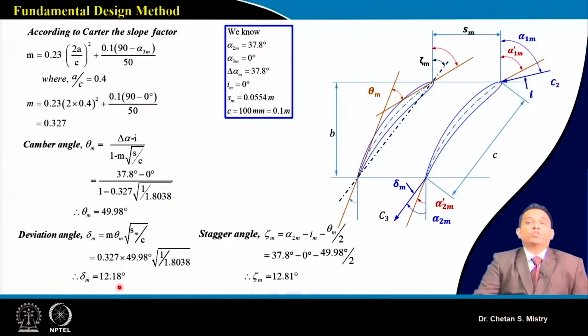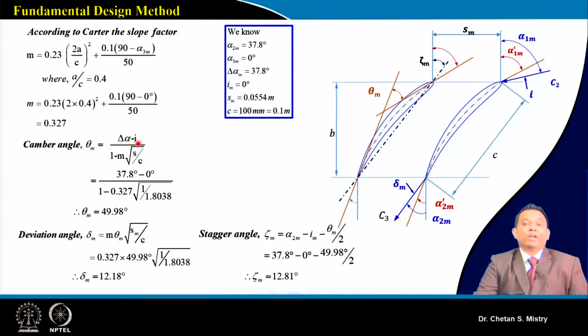Now we need to check the angles: what my camber angle is, what my deviation angle will be, and what my stagger angle will be. We calculate those based on Carter's parameter or the M factor. In this case, this M factor is coming 0.327. We can calculate our camber angle, which will be delta alpha.